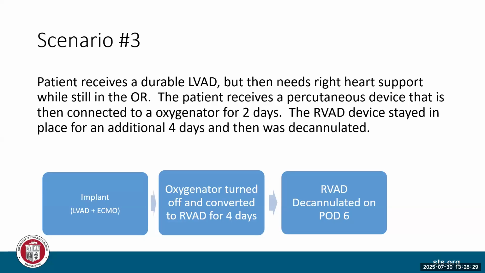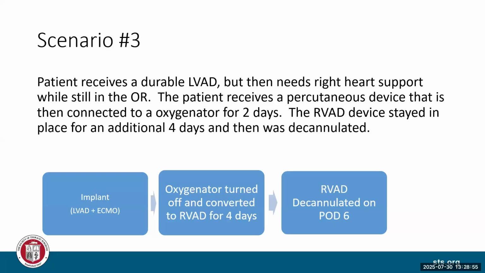But if the RVAD is already in, then how are you going to answer? Are they going to use the date when the RVAD was implanted in the OR or what? So this needs to be clarified because a lot of people are going to be confused about it.